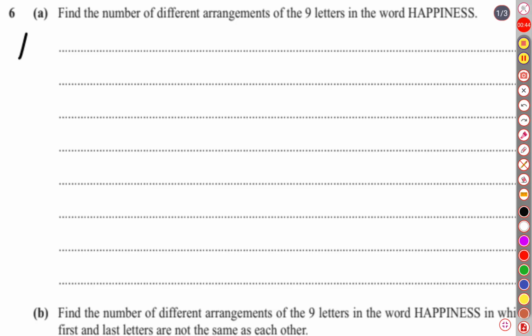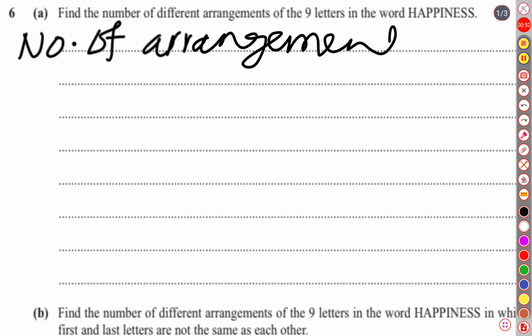The number of arrangements equals, so they have already mentioned that there are 9 letters, so 9 factorial ways they can be arranged, and we just divide the number of arrangements by the number of identical letters. So how many identical letters are there? There are 2 p's as well as 2 s's.